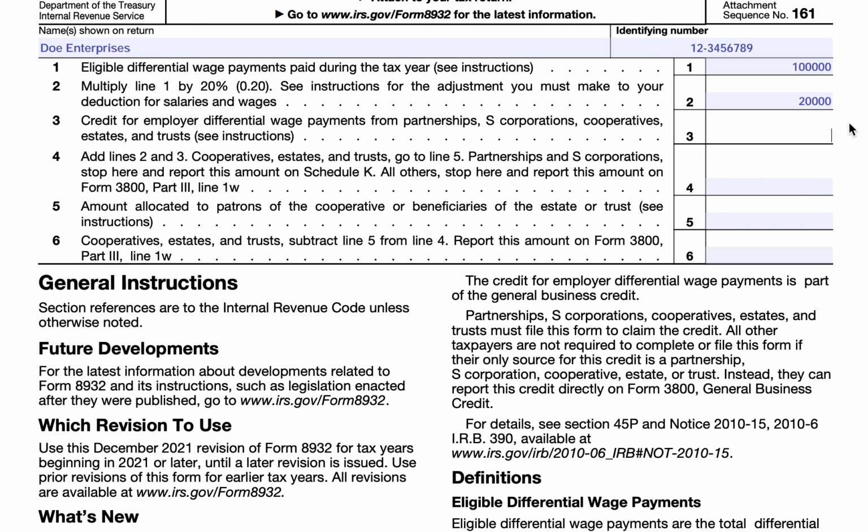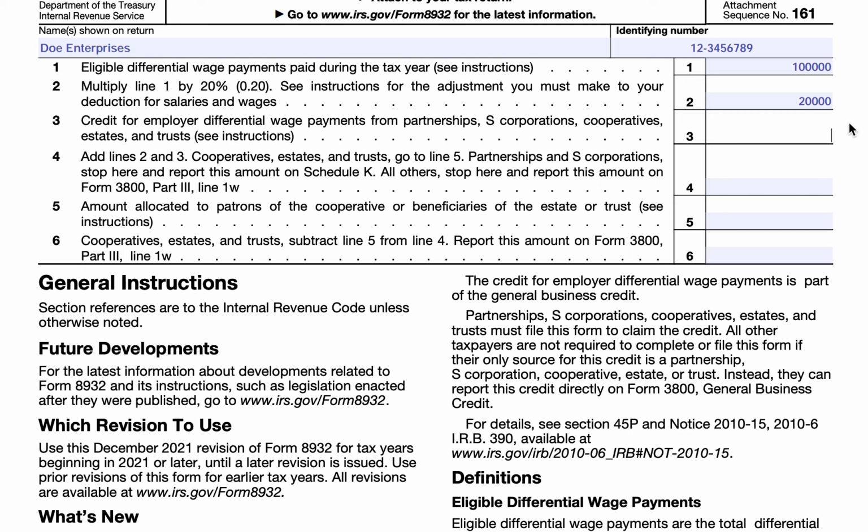So depending on which type of taxpayer status you are, for example, a partnership would see this on Schedule K-1, Box 15, Code P. An S corporation shareholder would find it on their K-1 for IRS Form 1120-S in Box 13, Code P. A trust or an estate beneficiary would find this on their Schedule K-1 for IRS Form 1041, Box 13 with the code Q. And then cooperative patrons would find this on their IRS Form 1099-PATR in Box 12.